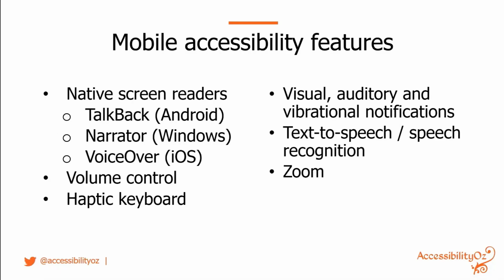Mobile accessibility features are much more detailed than what you get on desktop. There are native screen readers like TalkBack for Android, Narrator for Windows, if those people are still on a Windows phone, VoiceOver for iOS, volume control, haptic keyboard, visual, auditory and vibrational notifications, text-to-speech, speech recognition, Zoom, and 100 more.